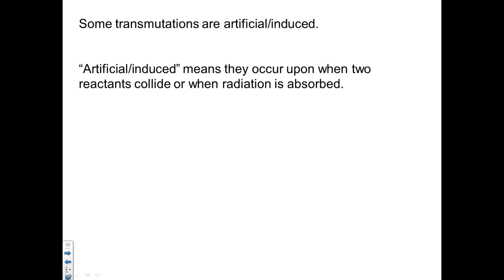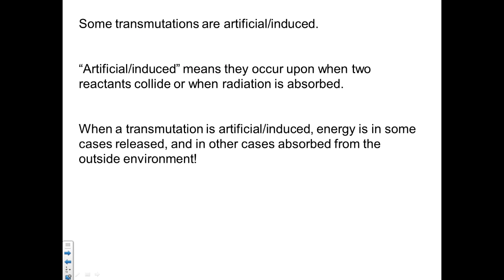Energy is being released or produced and given off into the environment. With these artificial or induced reactions, sometimes energy is released, like we just discussed, but other times energy is absorbed from the outside environment.